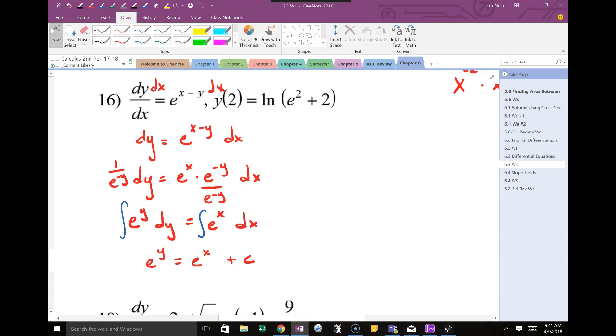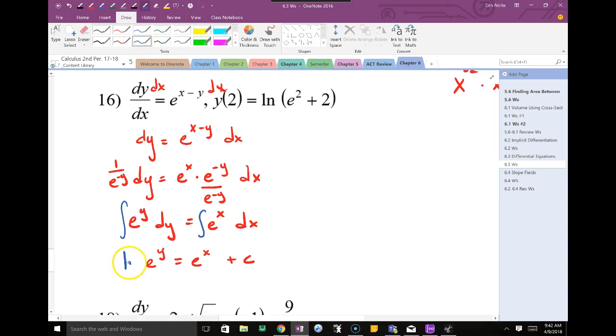Does anybody know how you get rid of an e? What things cancel an e? What's the opposite of an e? A natural log. So we're going to take the natural log of both sides.